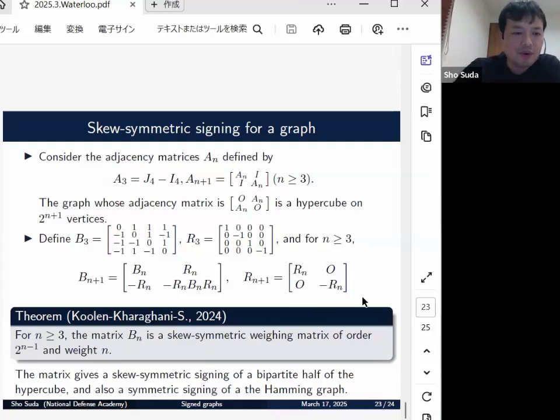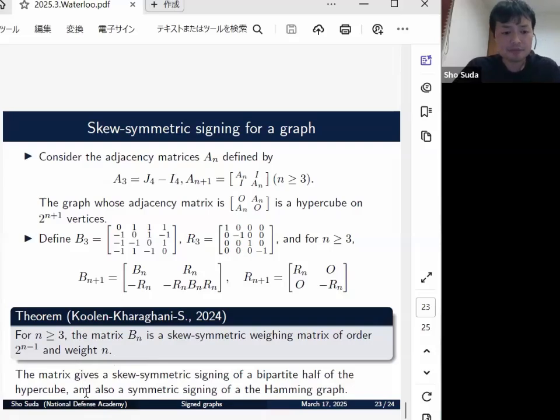Then we can claim that for any n at least 3, this 0, 1, minus 1 matrix B_n is a skew-symmetric weight matrix of order 2 to the n minus 1 and weight n. And also this matrix B sub n gives a skew-symmetric signing of the bipartite half of the hypercube, whose adjacency matrix is A sub n.